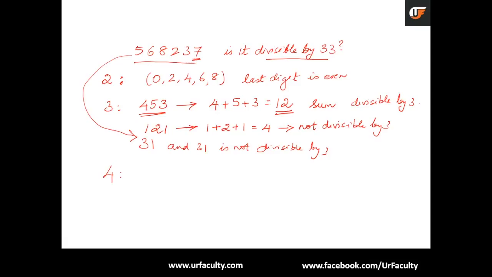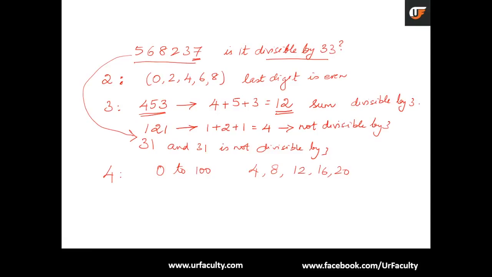In the case of divisibility by 4, let's take an example. I'm sure you might be comfortable with numbers from 0 to 100. One interesting thing about 4 is it shows cyclicity. So let's say you start with 4, 8, 12, 16, 20.